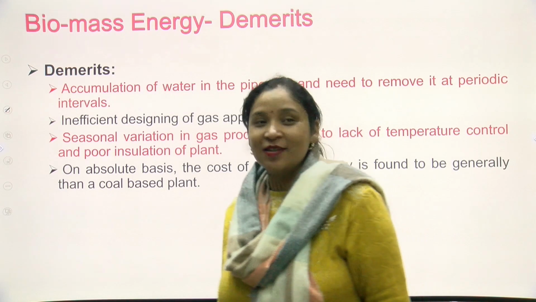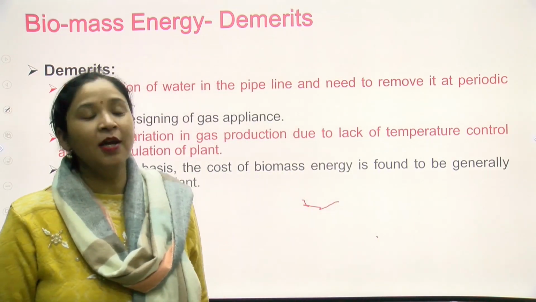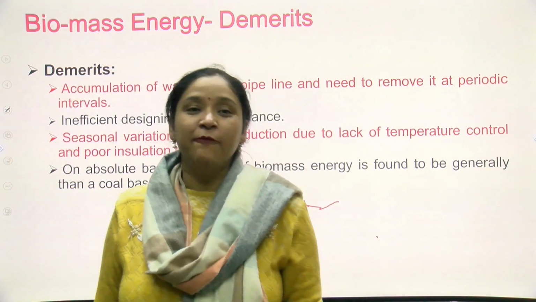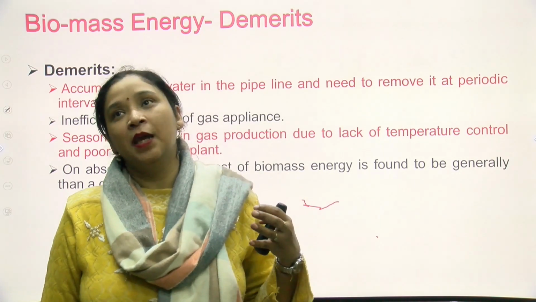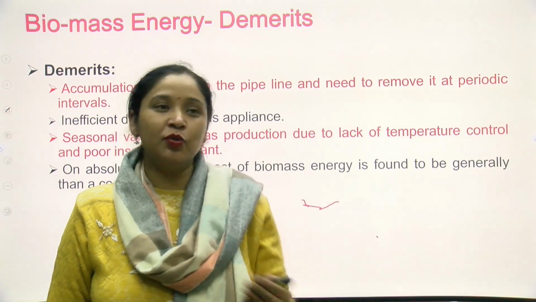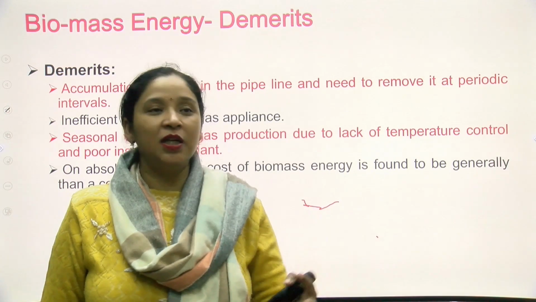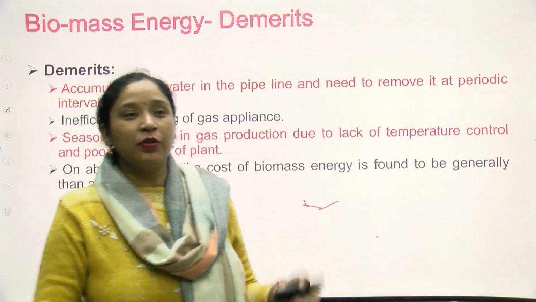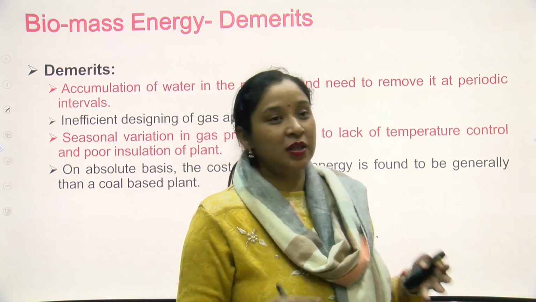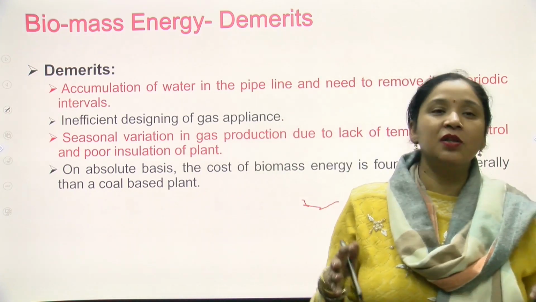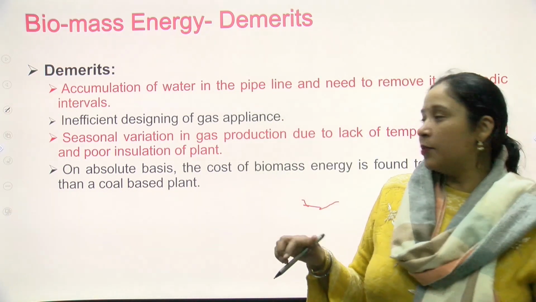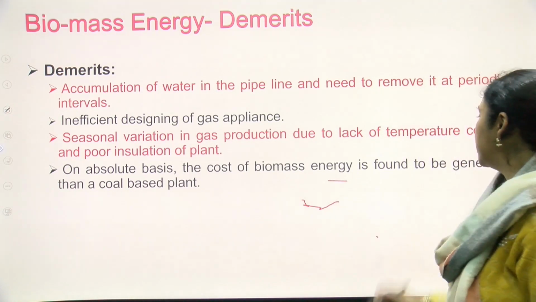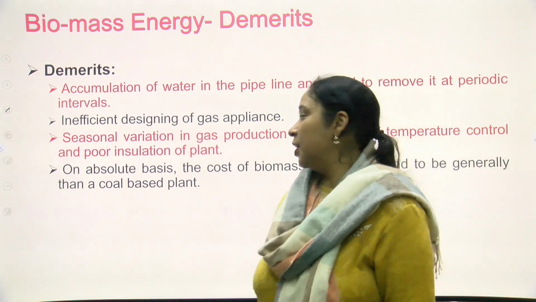There is seasonal variation: in the summer or sunny season we have more gas generation compared to the winter season, according to Indian temperatures. So seasonal variation and poor insulation are problems. And on an absolute basis, the cost of biomass energy is found to be higher than that of coal-based plants.